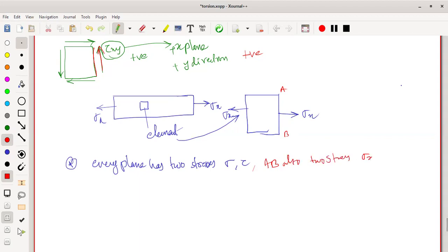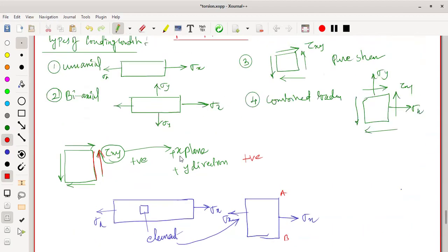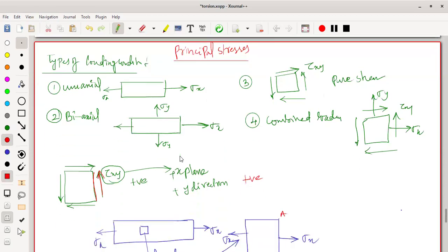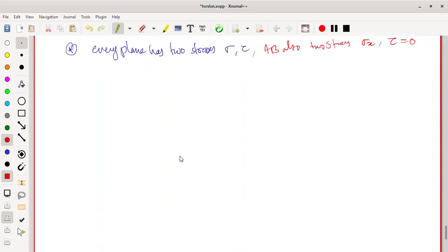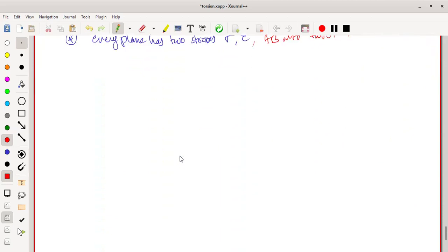Sigma x you can see here, and tau also exists, but the tau value is 0. Like that, if you consider any plane, you have two stresses. So this is the introduction, not related to principal stresses: types of loadings and the element consideration, and that any plane has two stresses, sigma and tau.